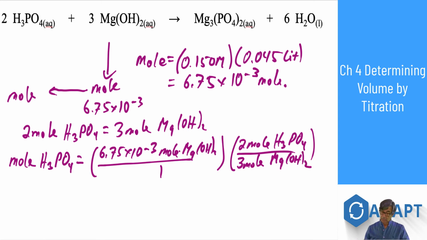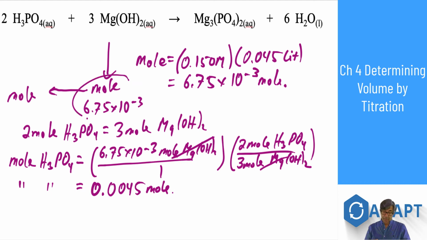All right, so magnesium hydroxide cancels out, and the moles of the phosphoric acid that we need to reach the equivalence point equals 0.0045 moles. So we have this amount of moles of the magnesium hydroxide, and it will require 0.0045 moles of the phosphoric acid.